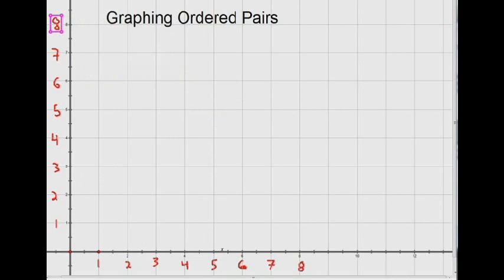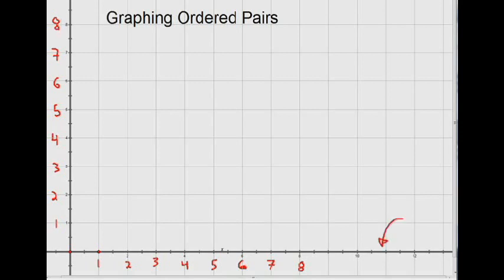So the next thing we're going to take a look at is how to graph these ordered pairs. And when we're graphing the ordered pairs, we use a grid system. This particular grid system is called a Cartesian coordinate system. And in our Cartesian coordinate system, we have these two bold lines here. These lines are called axes, or each one is an axis.